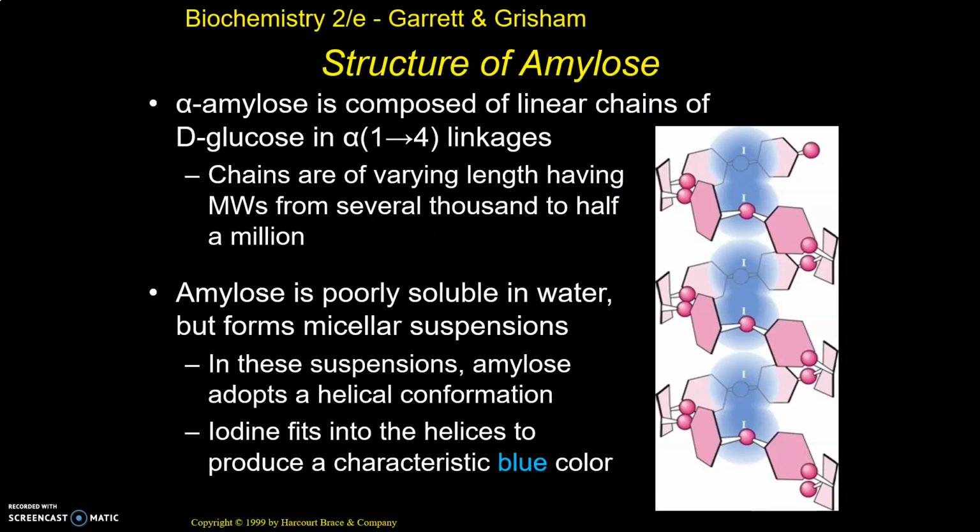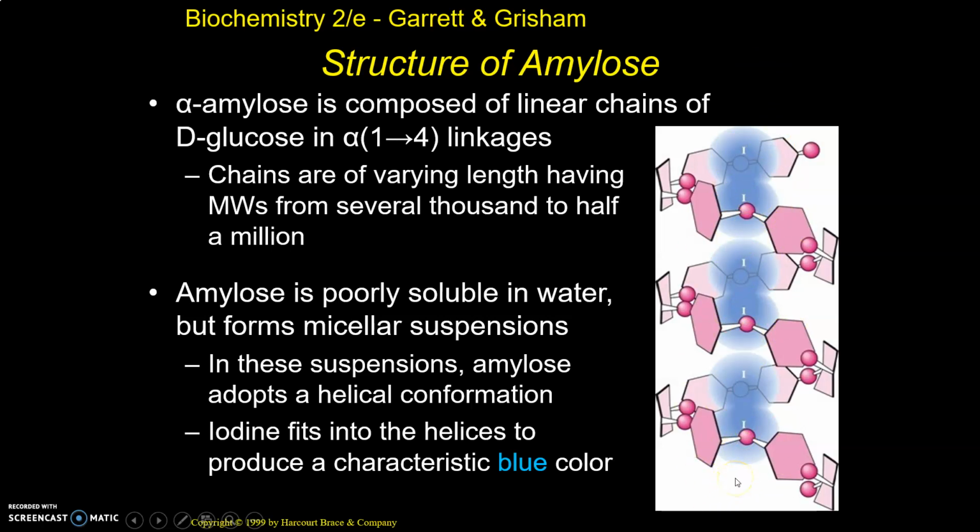So how it counteracts this is it actually forms a helix, right? It forms a helix and it wraps upon itself. And what's interesting is, I don't know if you've done this before, but if you've ever tested for the presence of starch, how we test for the presence of starch is we use a potassium iodide solution. Now, we don't care about the potassium. What we care about is the iodine, because the iodine will actually fit down inside of this amylose structure.